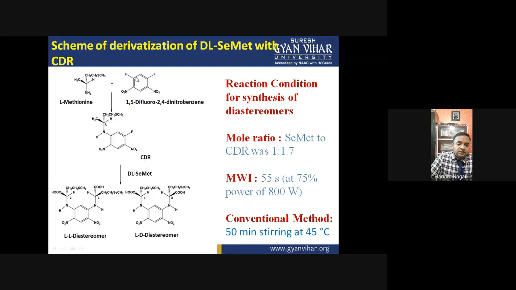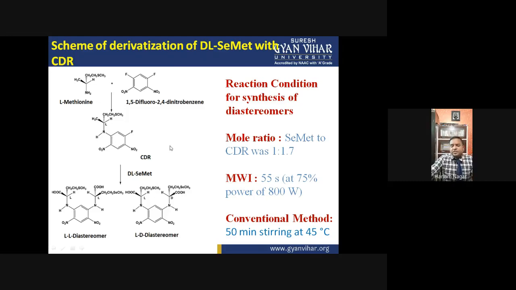This reaction is an example of electrophilic substitution reaction, because here, that is not electrophilic, sorry, that is a nucleophilic substitution reaction, where this NH2 group substitutes the fluorine atom. When this NH2 group substitutes this fluorine atom, the amine group is directly attached with this ring carbon. So this is the chiral derivatizing reagent.